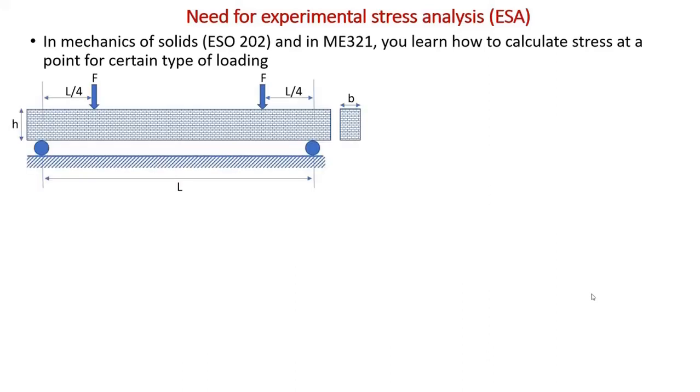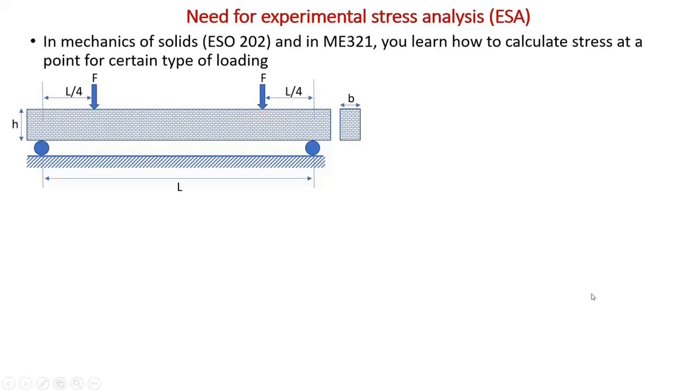With this background, let me take a very simple example as shown here. We consider a beam which is simply supported and carrying 2 point loads, one at a distance of L/4 from the left support, another at a distance of L/4 from the right support. Both loads are equal.